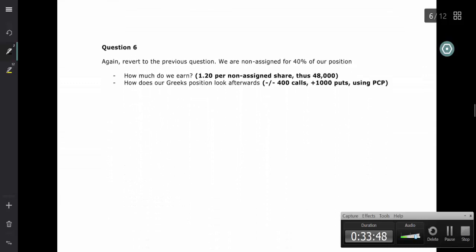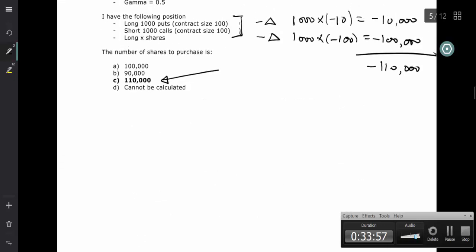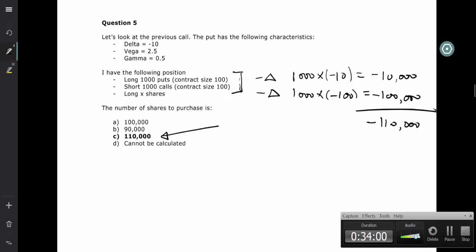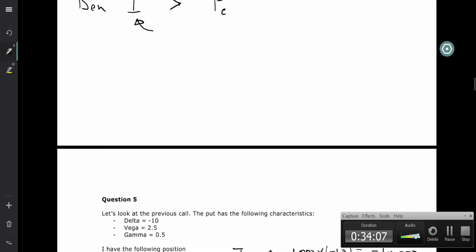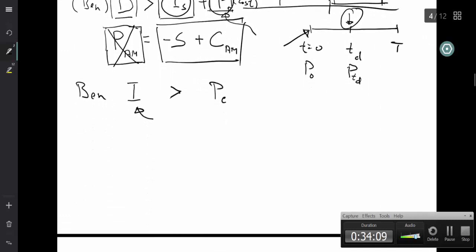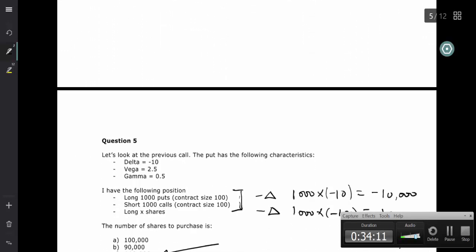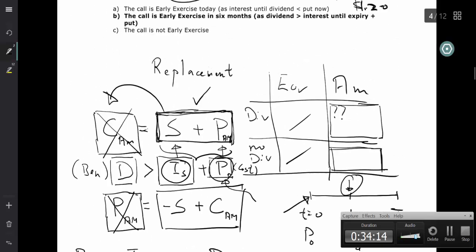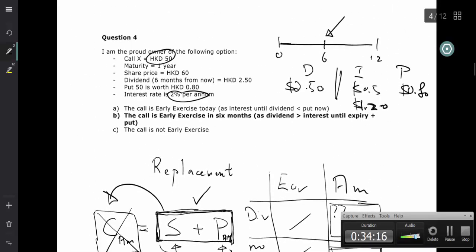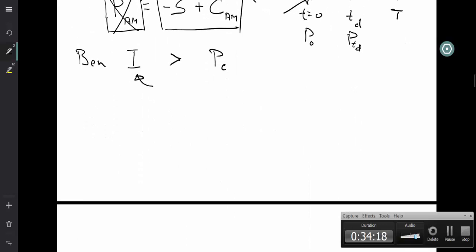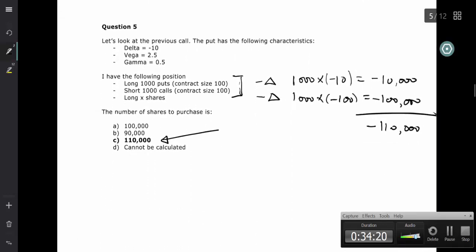Now question 6. Again, revert to the previous question. If we are non-assigned for 40% of our position, so you are short the call, and then you go back to question 4, because question 6 referred to question 5, which refers to question 4, where the call is deep in the money, and here is calculating the delta.